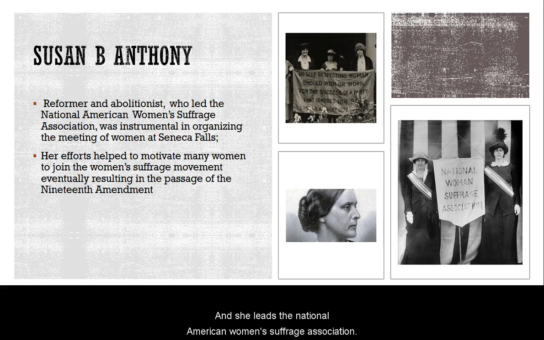And she leads the National American Women's Suffrage Association, which is an organization that was instrumental in organizing meetings of women across the country, including the very first one at Seneca Falls, New York, where the women are getting together and saying, we deserve the right to vote as well.